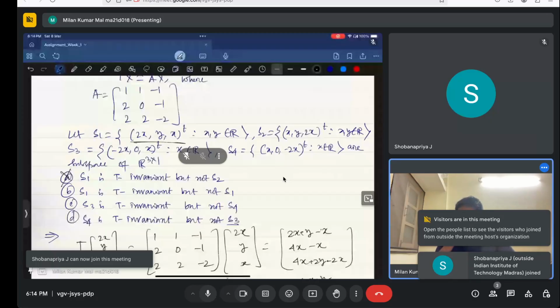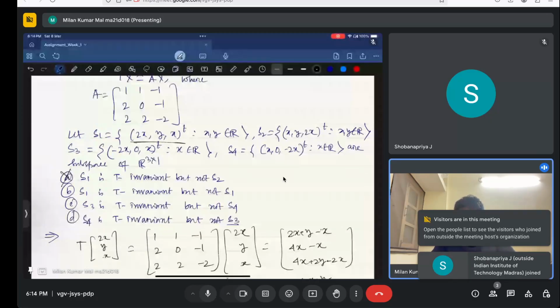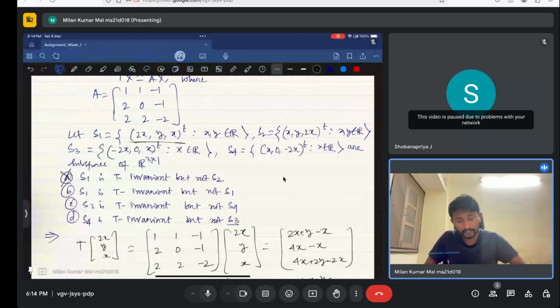Now we'll check whether S2, S3 and S4, these three vector spaces, are T invariant or not.